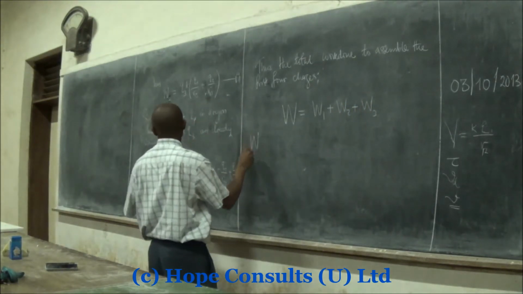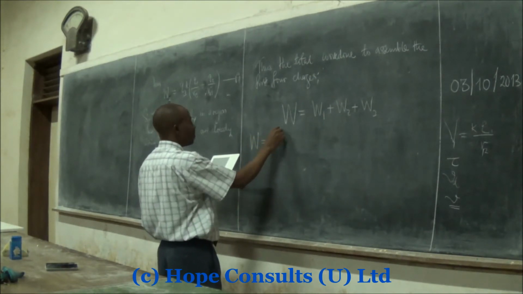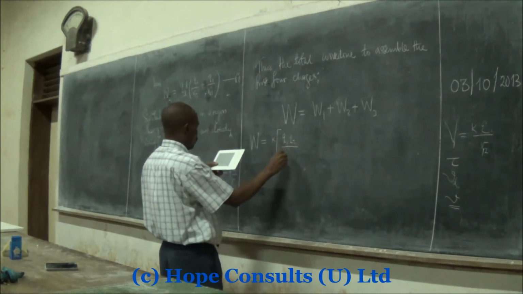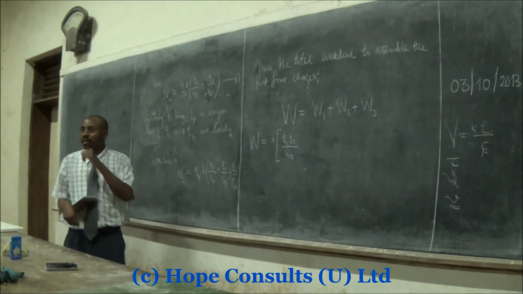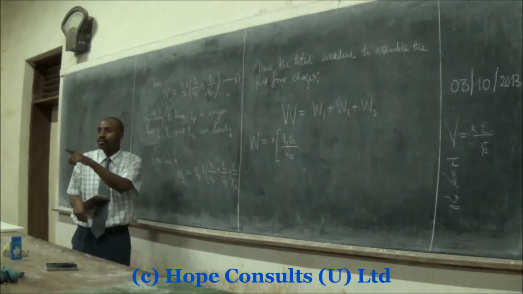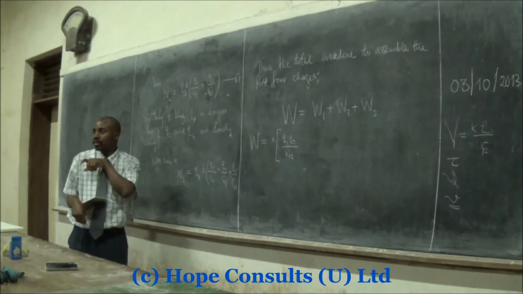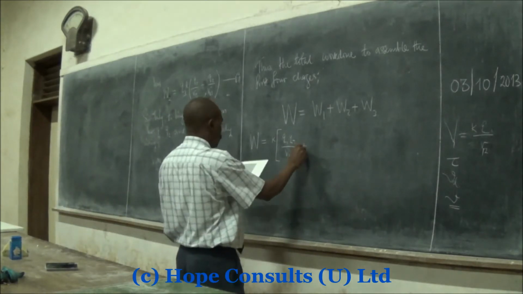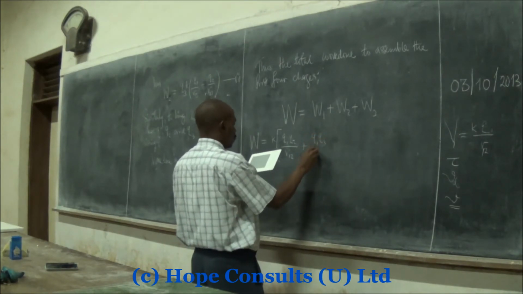And we can substitute. I remember the K will be common on both of them. And then we have Q1, Q2 over R12. Remember for when we had Q1, V1, whereby V1 was caused by introduction of Q2. So we keep adding on, so it becomes Q1, Q3 when we introduce the 3.